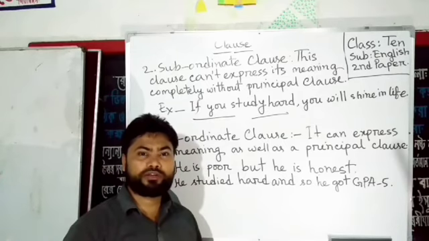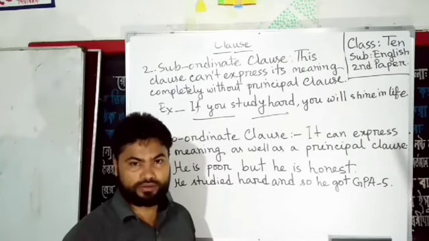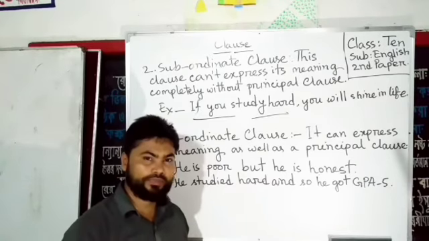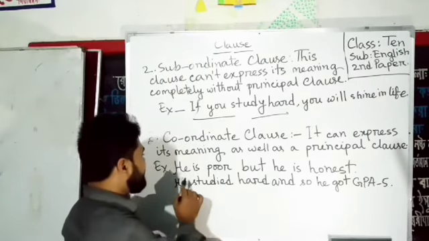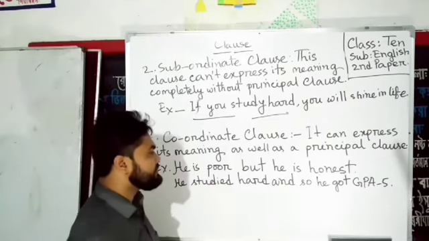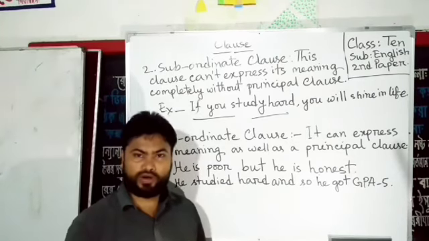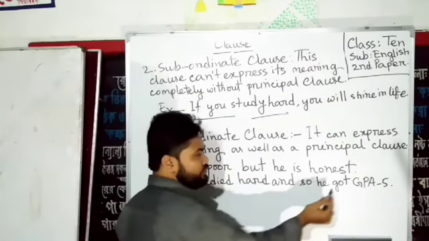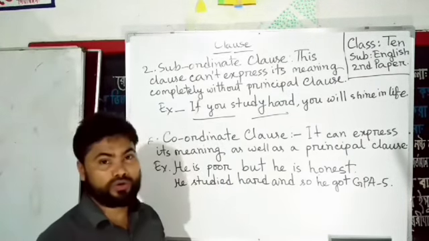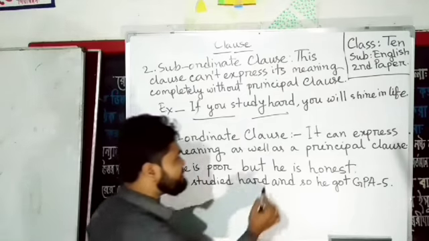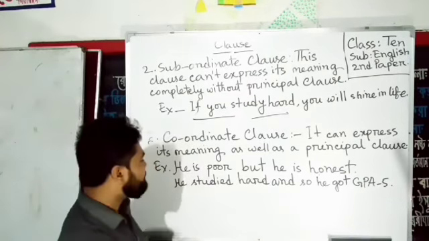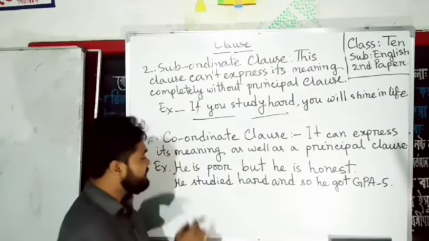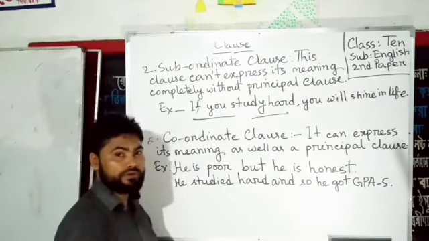It actually cooperates with the principal clause. Let's see an example. He is poor, but he is honest. Here, from but to honest is a coordinate clause, because this part is the coordinate of the principal clause of this part. That means the main clause, the principal clause.